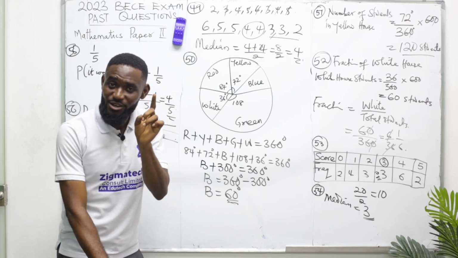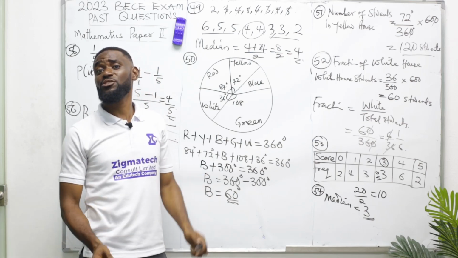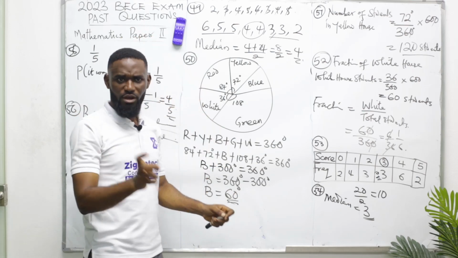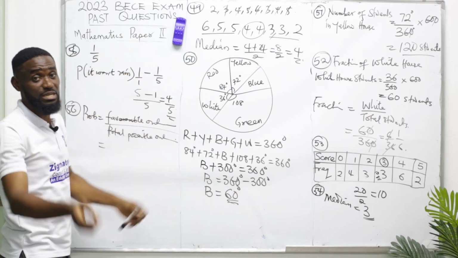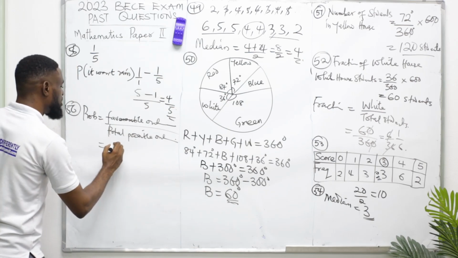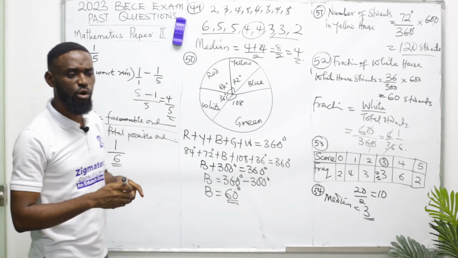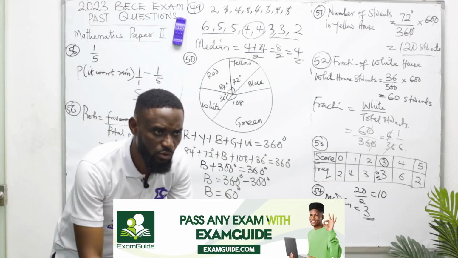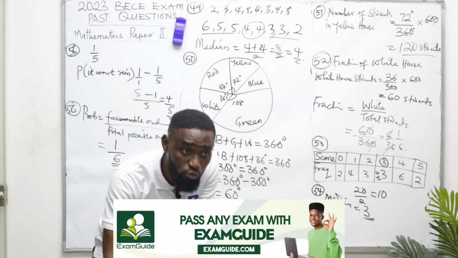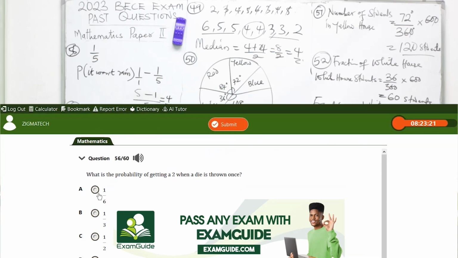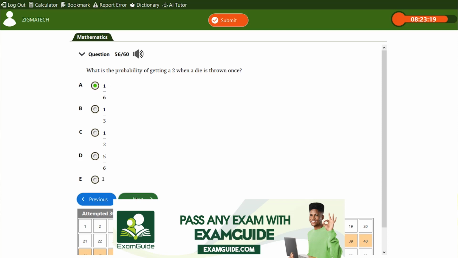Just one place. What that means is that the probability is just that outcome of 2 that can only happen once, divided by the total number of possible outcomes there. So this means 1 over 6. That is the probability, 1 over 6, right? So the probability of getting a 2 when a die is thrown once is 1 over 6, right?